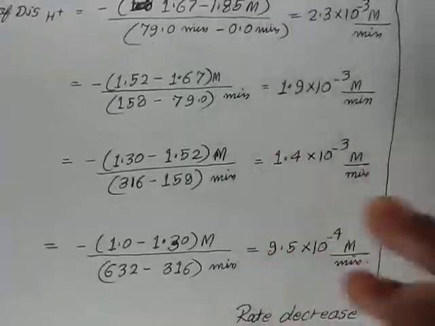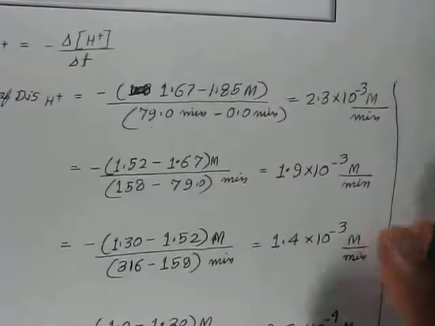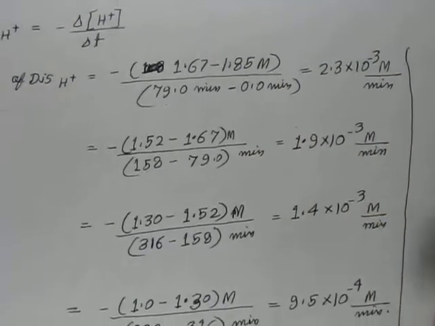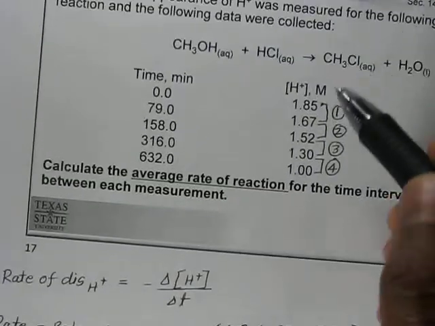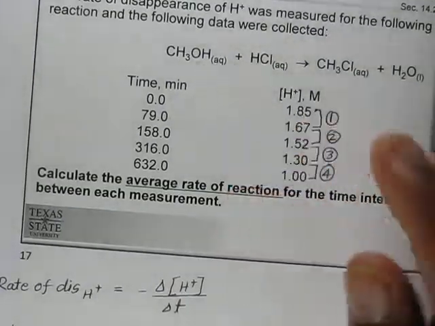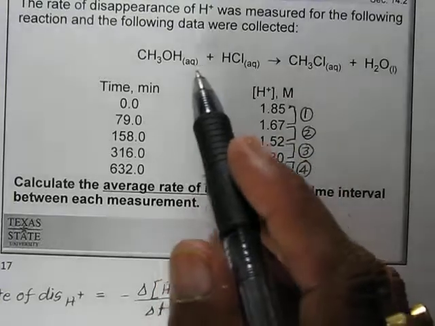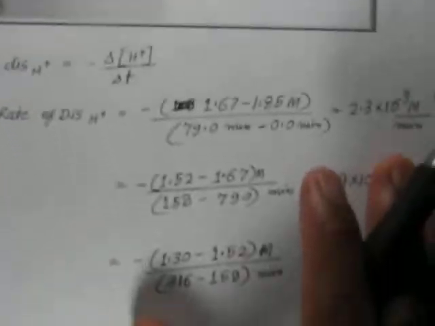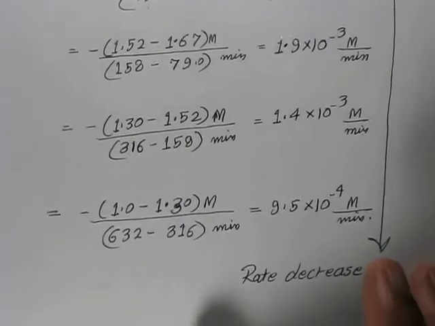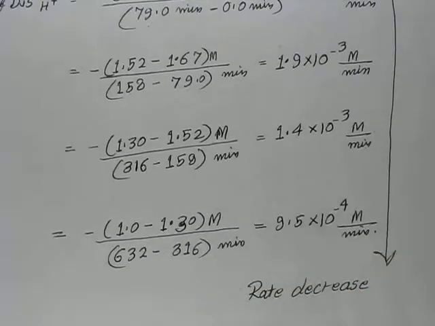So as the reaction proceeds, the rate decreases. As the methanol is reacting with the HCl, the reaction rate becomes slower and slower. So the rate decreases as the reaction proceeds.